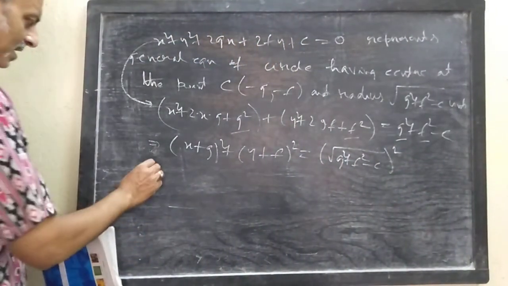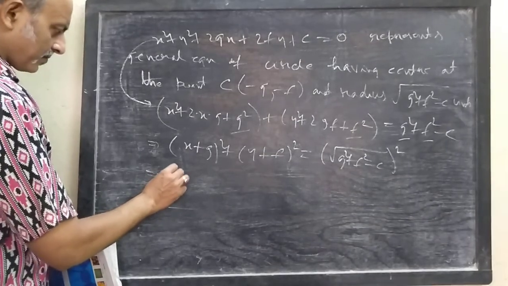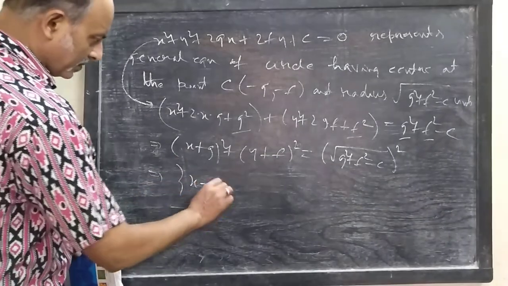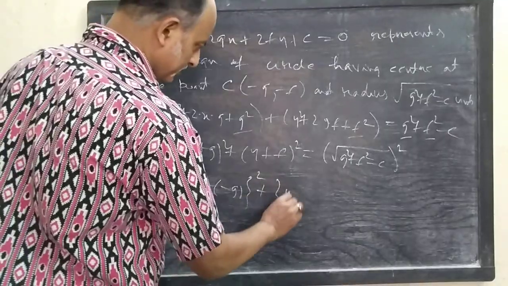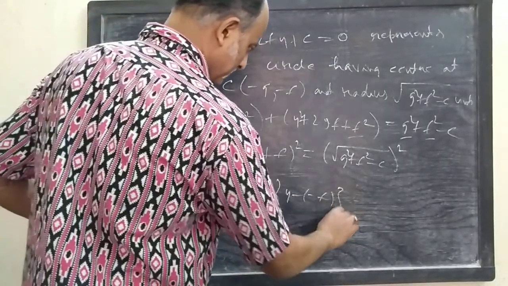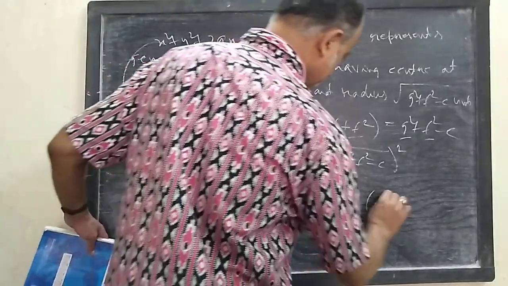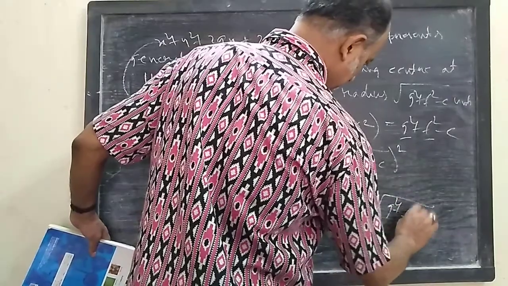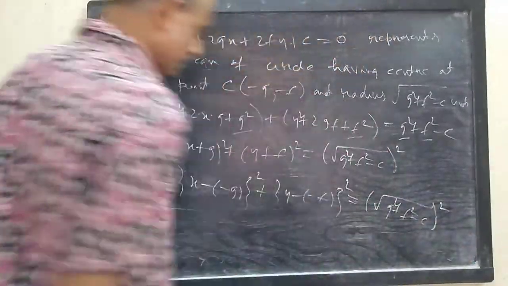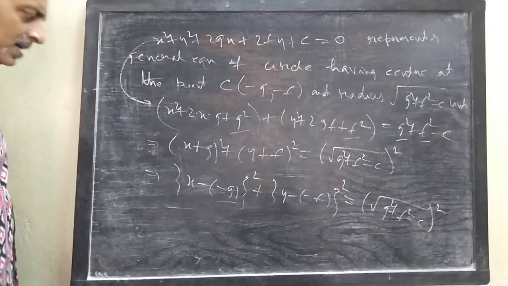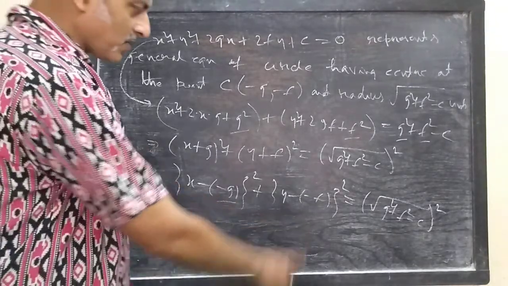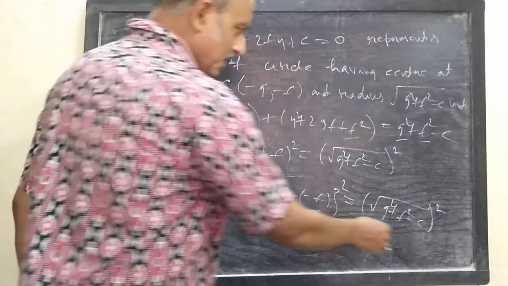We can write it again in this way: (x minus (minus g)) whole square plus (y minus (minus f)) whole square equals (root of g square plus f square minus c) whole square. Now compare with the previous equation where we have written (x minus x1) whole square plus (y minus y1) whole square equals r square.